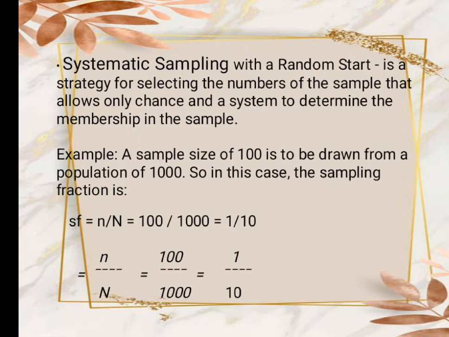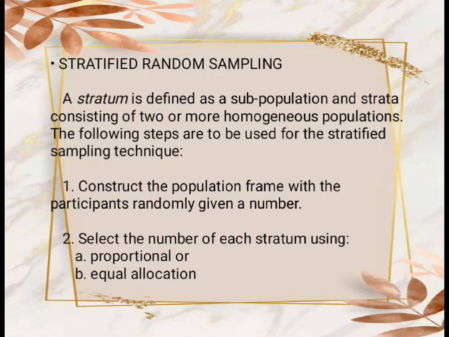So the set of numbers are capital letter N equals 1, 2, 3, 4, and so on up to 10. One of the numbers in the set will be the random start. If from the table of random numbers 2 is chosen, then 2 is the random start. Then every 10th number, which is the system from multiples of 2, will be the numbers of the participants that will be members of the sample.